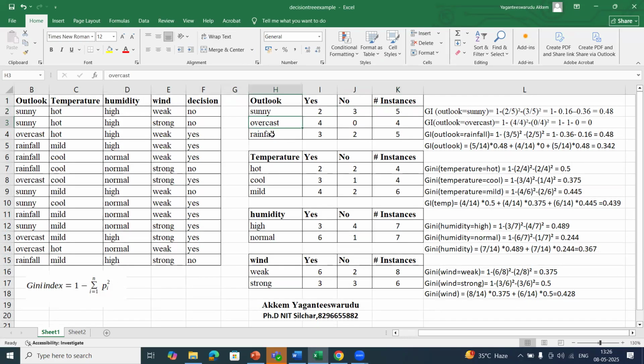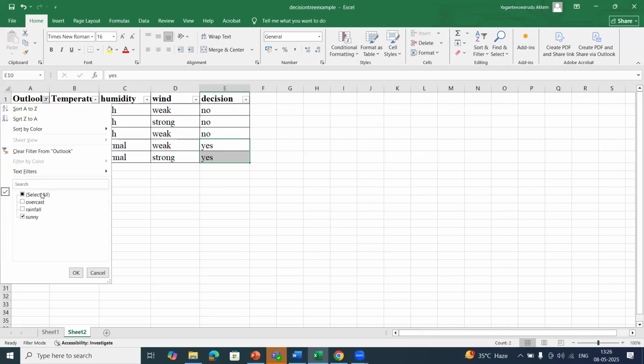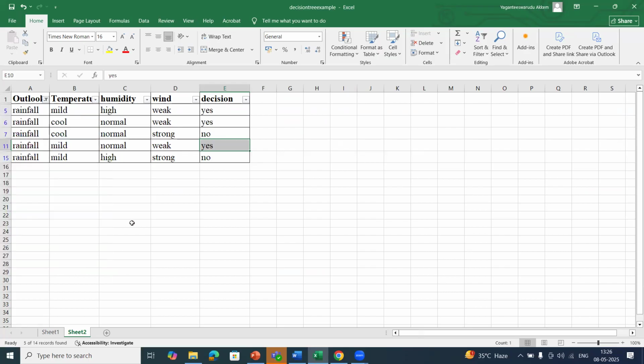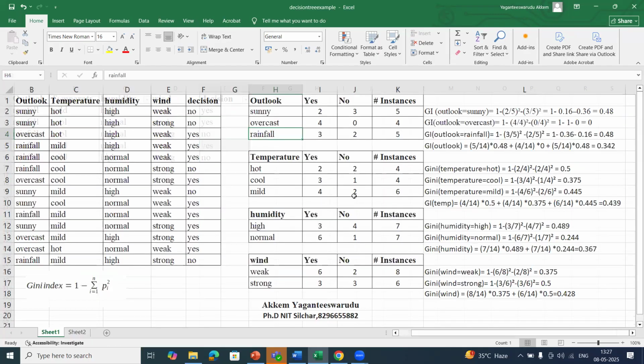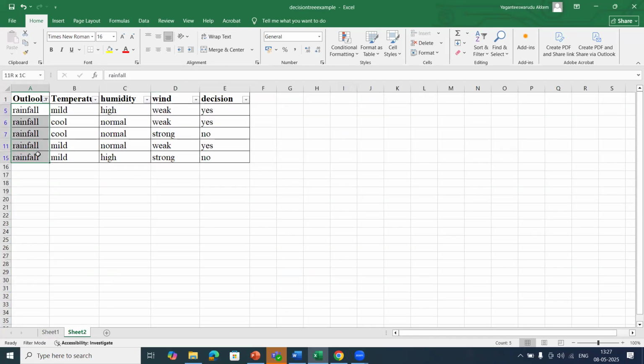Similarly for overcast and rainfall, so just go to the other sheet again. So for rainfall, how many? 3 yes and 2 no, right? So just see here. So rainfall, totally how many records? 5 records.